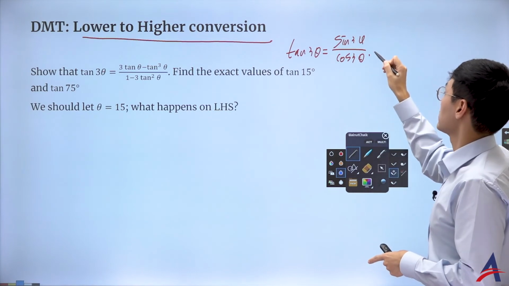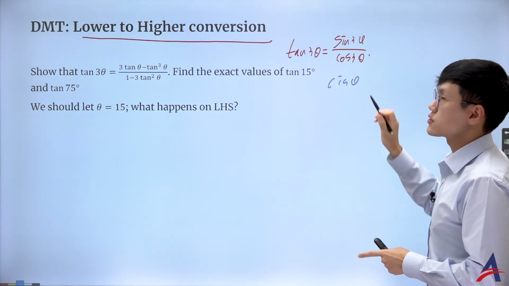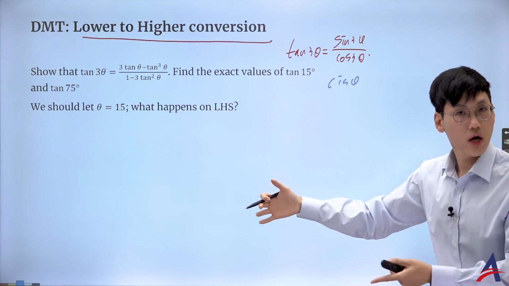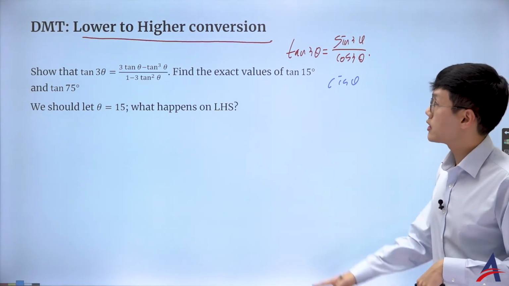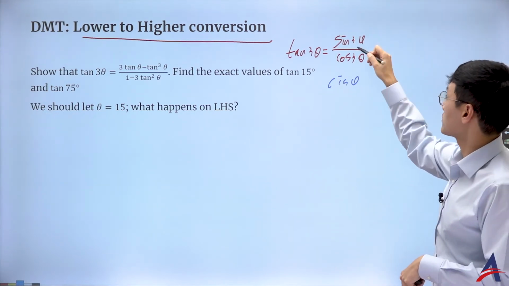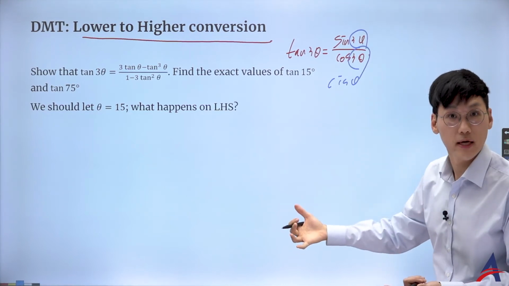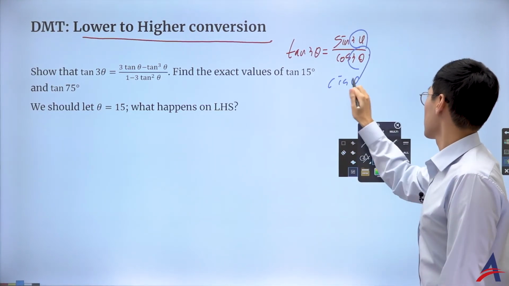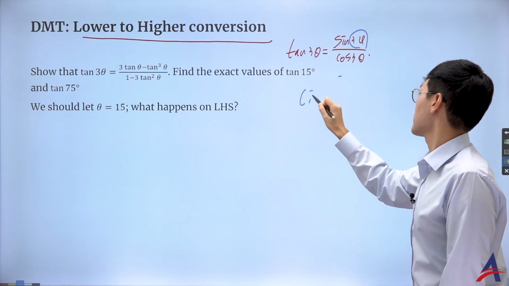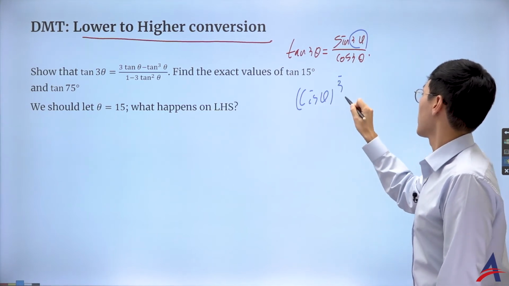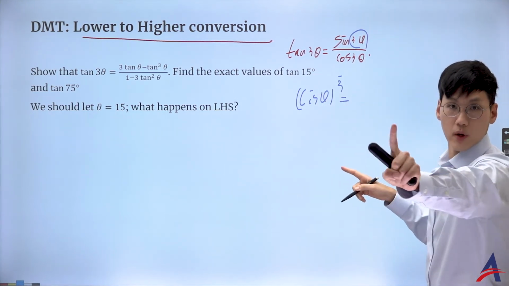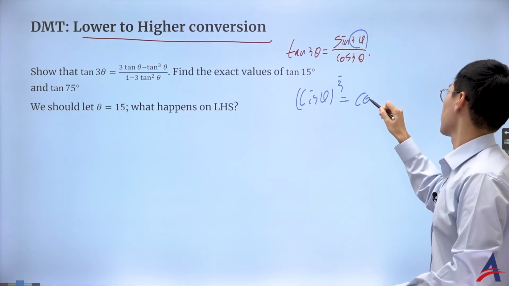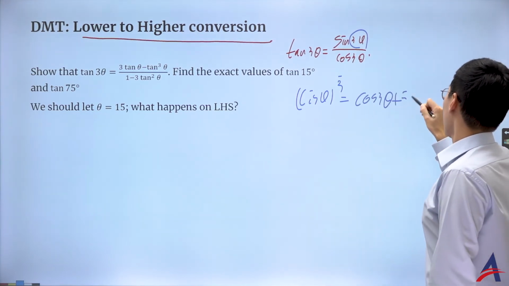We are going to let this be cis theta. So I want you to realize, would this be lower to higher or higher to lower? You're absolutely right. This is going to be lower to higher because I want something over 3 theta. It's going to be triple angle. So what you can do is put it into cis theta to the power of 3. And I'm going to expand this first, but by De Moivre's theorem, that's cosine 3 theta plus i sine 3 theta.